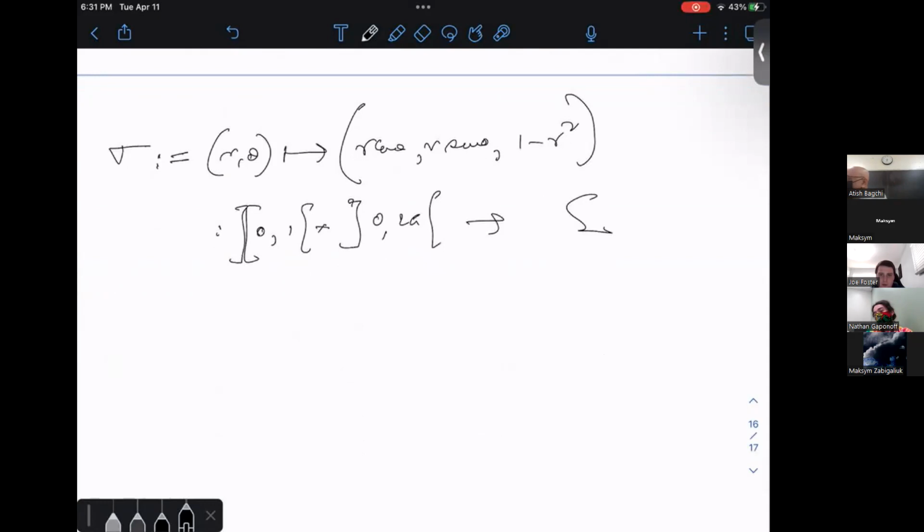Let's see. The definition of the surface integral is on which page? Um, 20, let's see. 19. No, it's not. 20. It was.